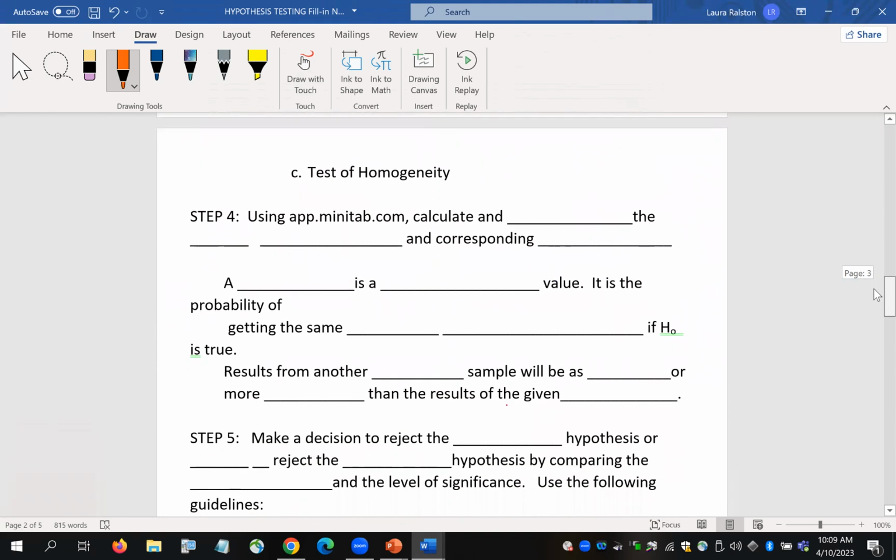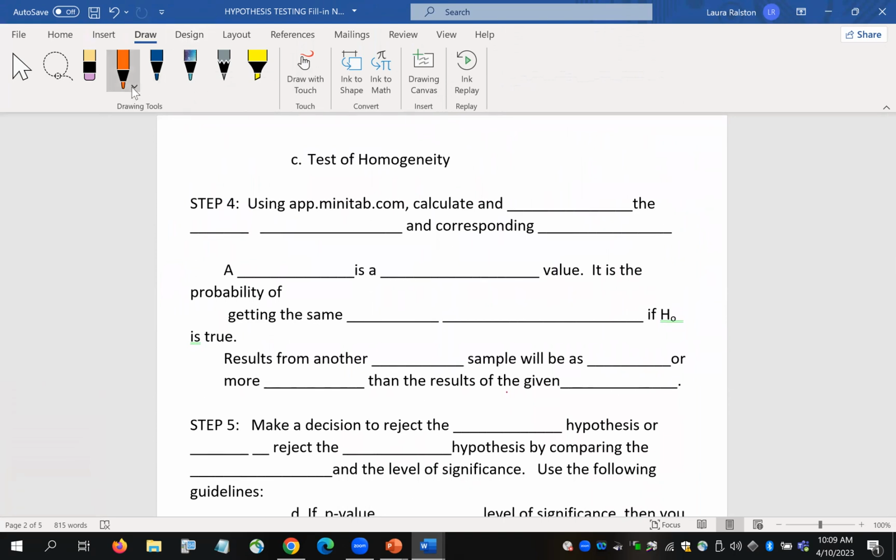Once you've identified which test you're going to conduct, then we're going to use Minitab, and we're going to calculate and record. Guys, record means to write it down. Okay? You can't just copy and paste or whatever. You have to record it. You got to write it down.